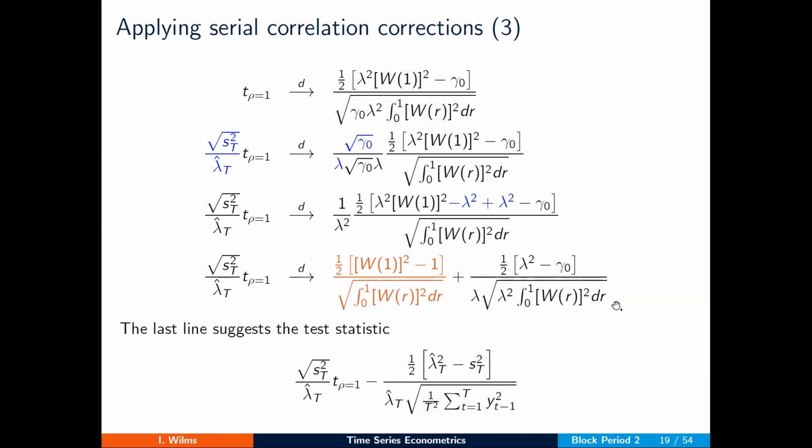And that last line suggests then already that I can retransform my test statistic by pre-multiplying by this factor and by subtracting the sample counterpart of this second term over here, such that I have a new t-statistic, this guy over here, that converges to the red limiting distribution from last week, which is free of nuisance parameters.